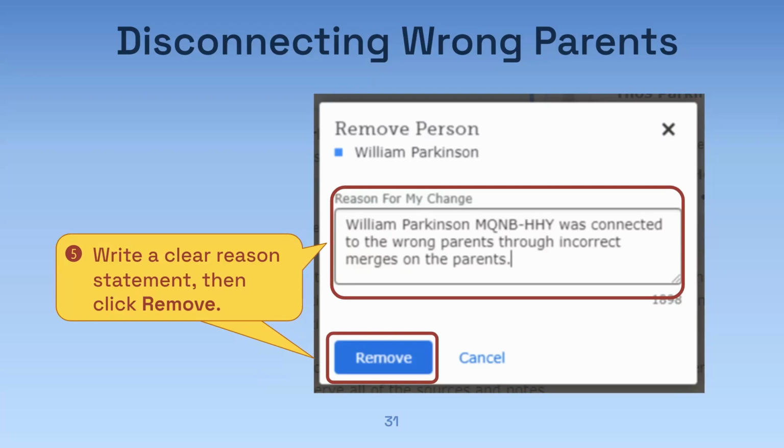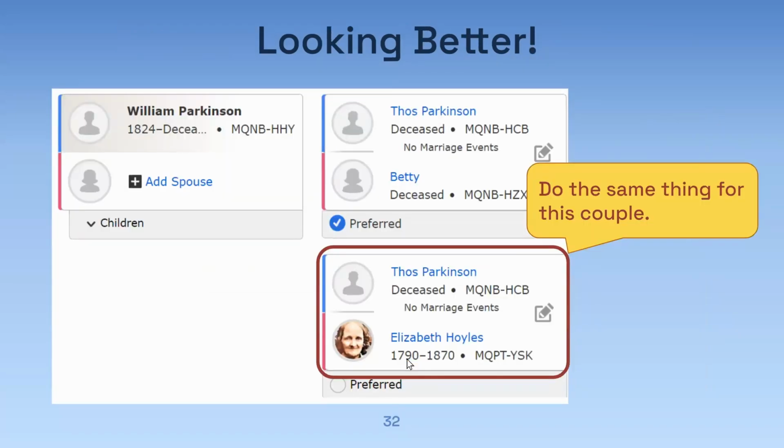I don't know if anyone else would explain it more thoroughly. That would be great if they did, but I figure this is a simple explanation and it does the trick. Anybody who comes along would say, "Oh, okay, I get it. There was a bad merge. Somebody was repairing the bad merge." So after I write the reason statement, then I click remove. And notice one set of incorrect parents is gone.